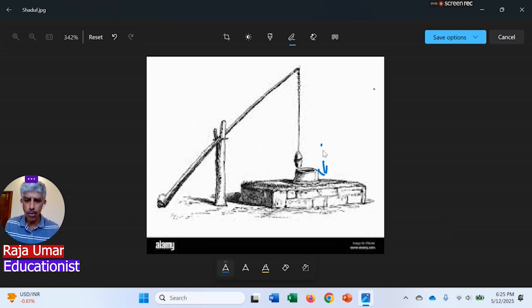From down over here we have the well, and you can see here is a bucket, and this bucket is attached with this sling, and it is attached with a long tree branch. And here we have a structure of again the V-shaped branch, and here is the base structure.